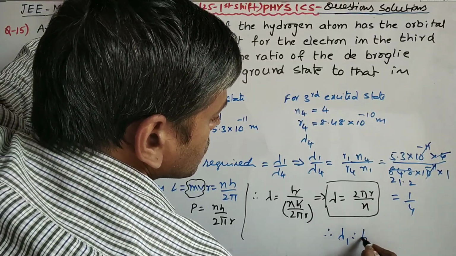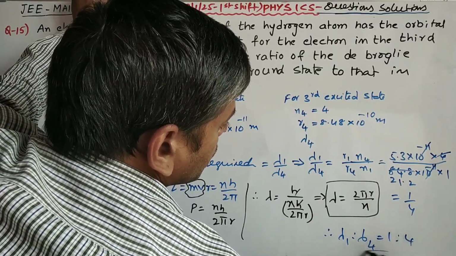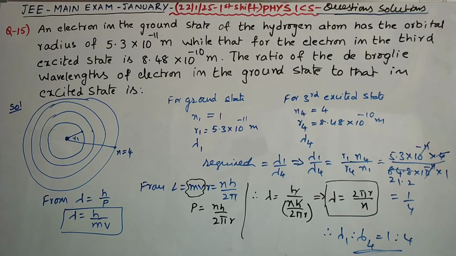Therefore lambda 1 to lambda 4 is 1 is to 4. So this is the solution for this question.